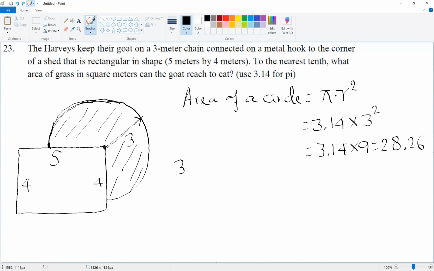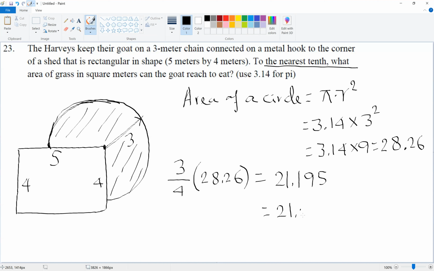So actually it's 3/4 of this number. Oh. So then I didn't do that part, but 21.19. Okay. And it says nearest tenth. So 21.2.